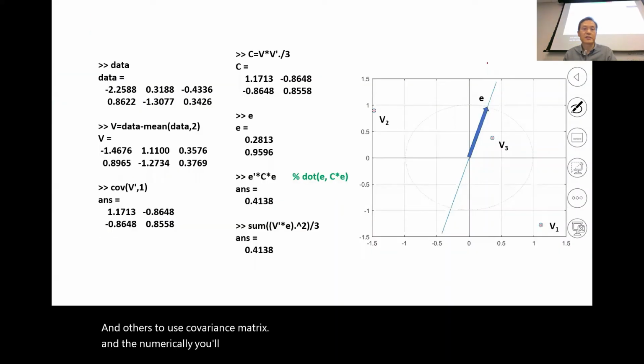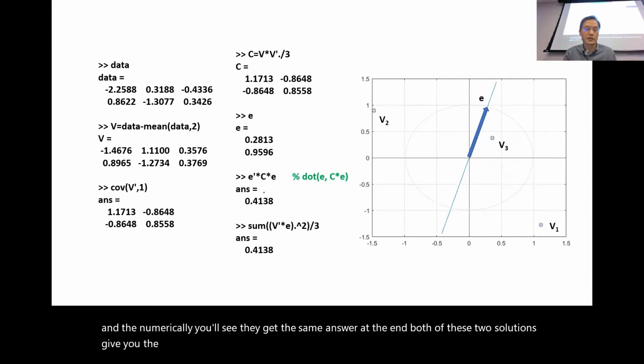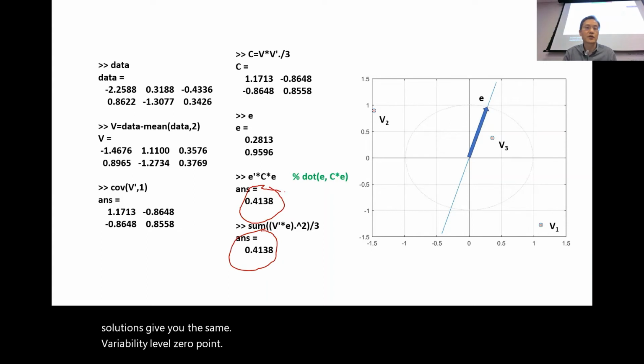Numerically, you will see they get the same answer at the end. Both of these two solutions give you the same variability level, 0.4138. So that's the first way to do it.